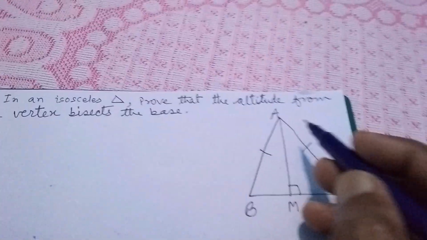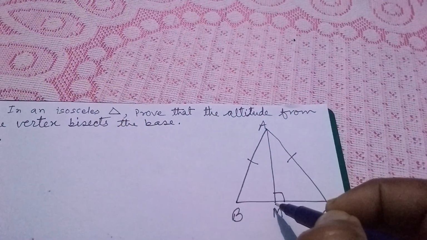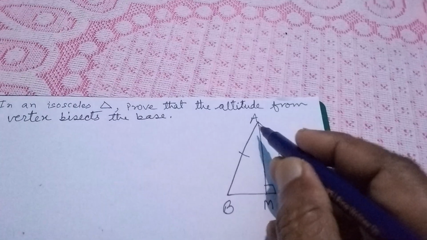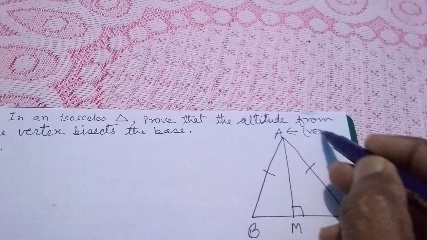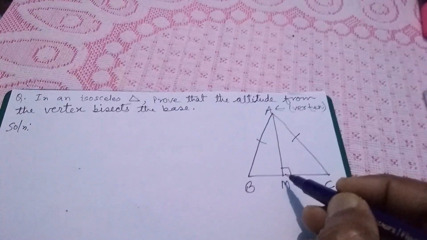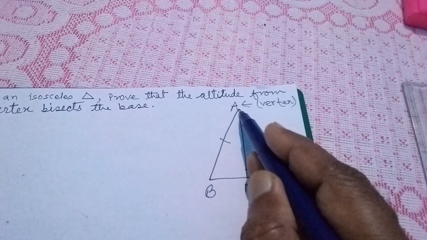We always have to keep in mind that whenever we talk of altitude, it denotes perpendicular distance. Here AM is a perpendicular, that's why AM is called the altitude. A is the vertex, that's why from the vertex an altitude has been drawn, that is the perpendicular has been drawn, and the opposite side of vertex A is BC.